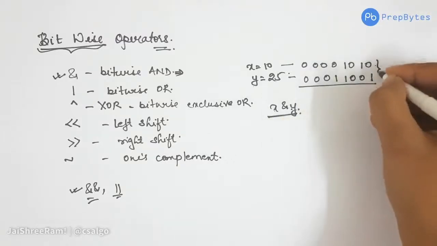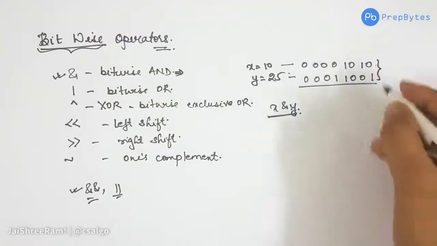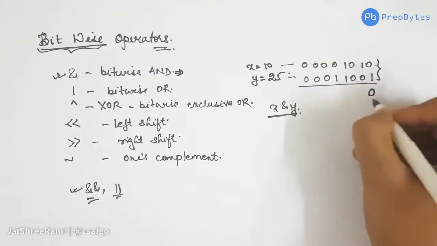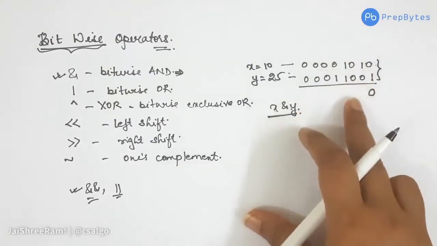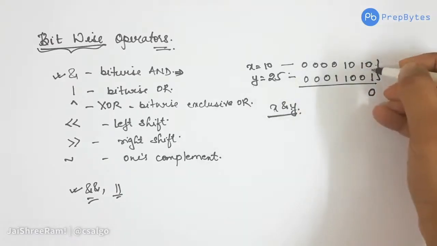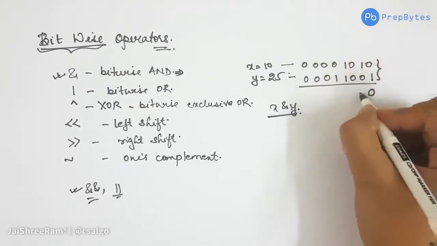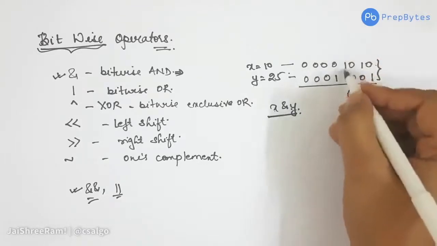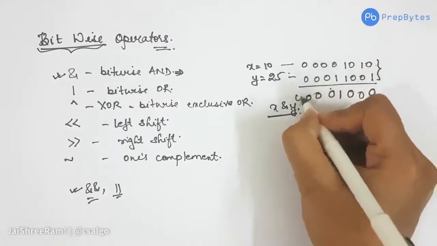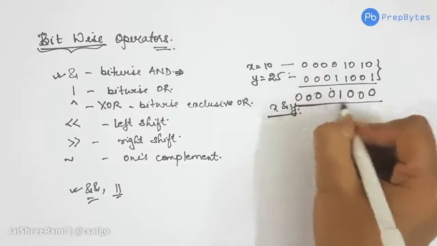If we are comparing these two bits, if either of them is 0, my resultant will be 0, and only if both of them are 1, my resultant is going to be 1. So I will do the AND between all the bits. This gives me 0, 0, 0, 1, 0, 0, 0 and 0. So this will be my resultant.